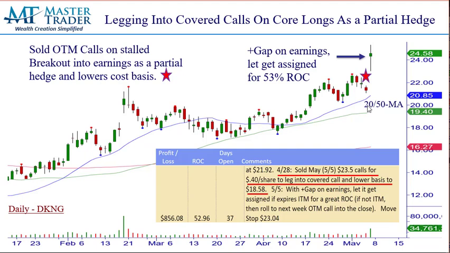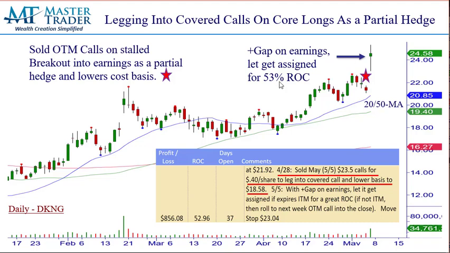So now on the gap up on earnings, I sent out an alert saying, look, with the gap up on earnings, let it get assigned if it expires in the money, which it did over the 23.5 short strike, because we earned a 53% return on capital on a 37-day trade, half lot here as you recall, half lot here, legged into a covered call.